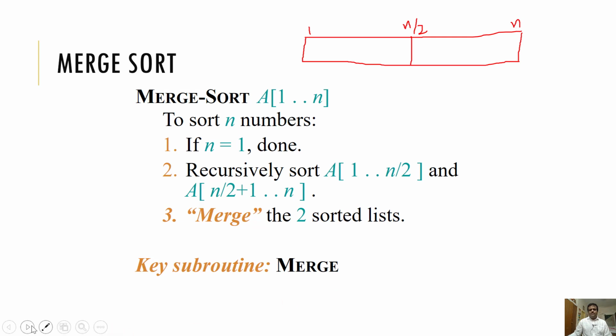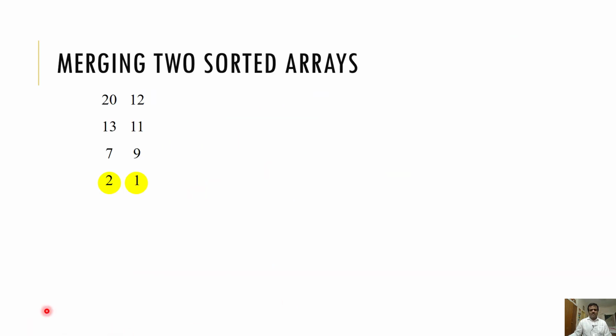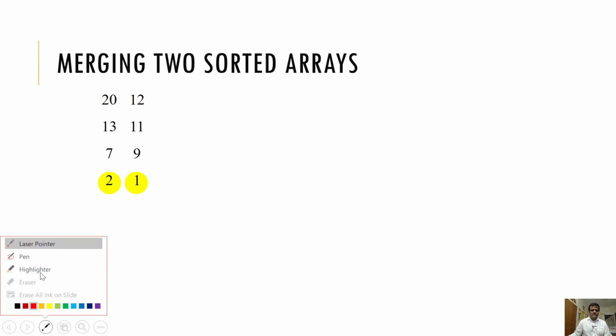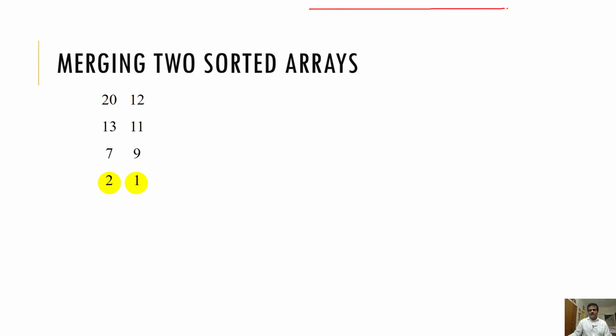So, in the merge subroutine, what do we have? We have two sorted subarrays. This is the given array, and we have called the merge sort recursively.